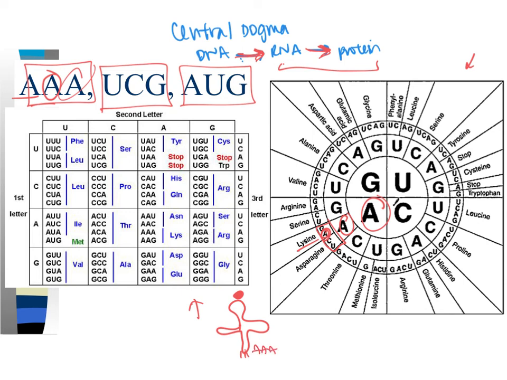All right. UCG. How do we read from the second codon chart? We're going to start with the first letter over here, U. Check. C. Check. See, it says second letter. And then within this box that we identified, we're going to check off the G one. Okay. What does that tell us? It codes for serine. You would just need to know SER. And serine actually has 4 combinations.